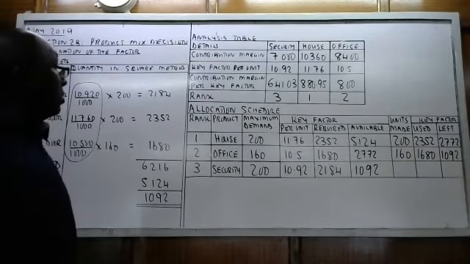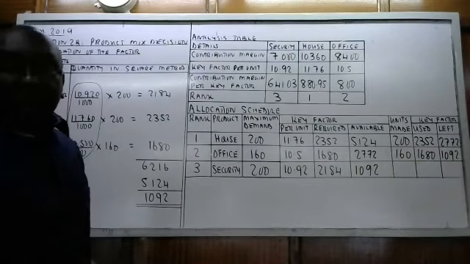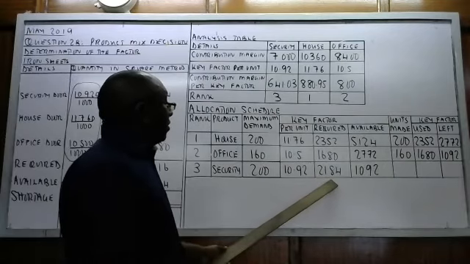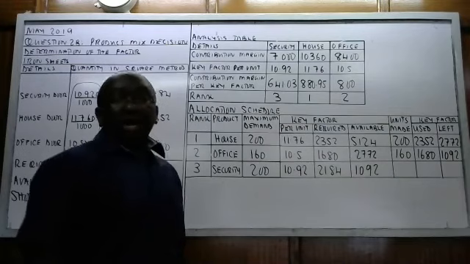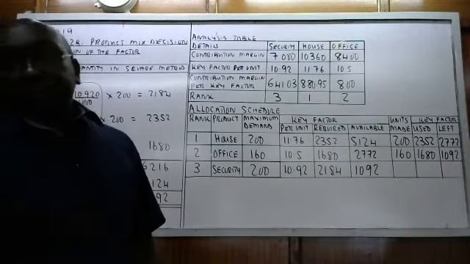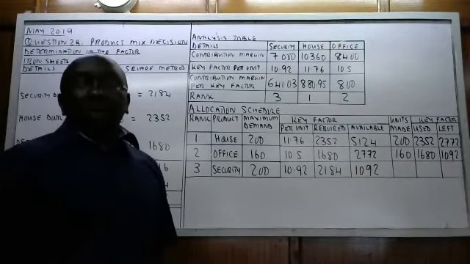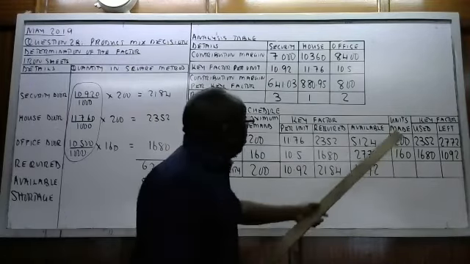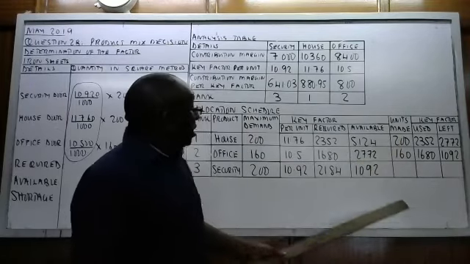So now, going by the same argument, number 3 requires 2124. Now we have 1092. Can we afford? Good. So if we cannot afford, we ask ourselves, how many units now can we make?